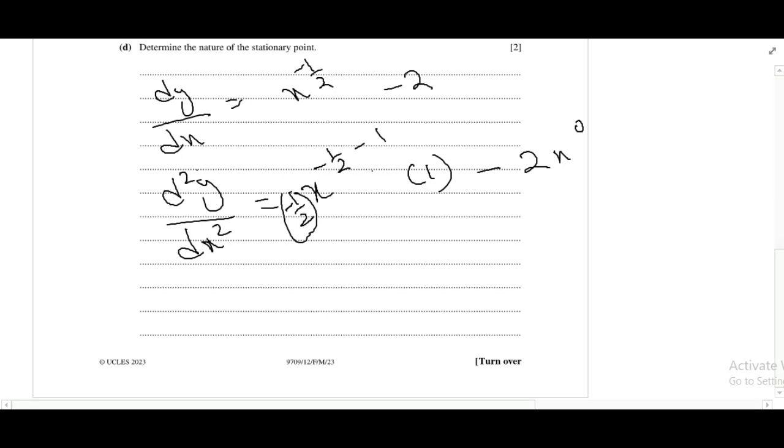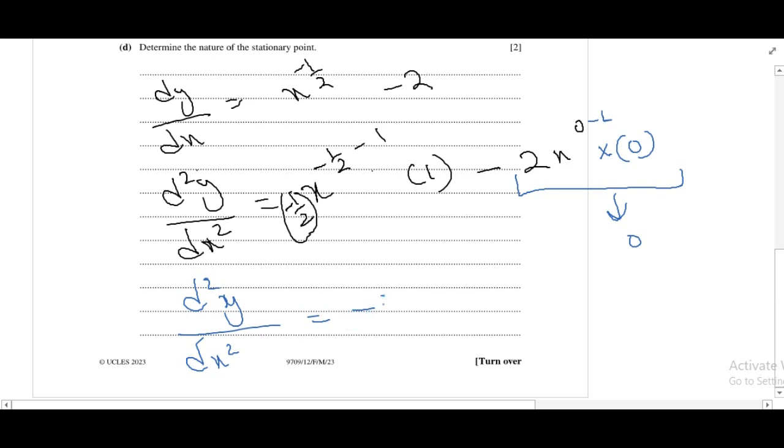If we bring this 0 down, it becomes multiplied by 0, and anything multiplied by 0 is 0. So the derivative of this term is 0. So our d2y/dx squared becomes negative half times x to the power of negative 3/2.